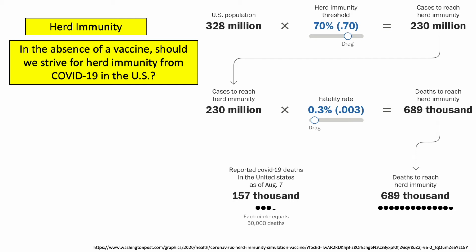And in order to achieve herd immunity, we would have to have about 500,000 more deaths, since we're only sitting at about 160,000 now. So the answer to the question, should we strive for herd immunity? The answer is absolutely no, because in order to do so, an additional 500,000 more Americans would need to die for that to occur.